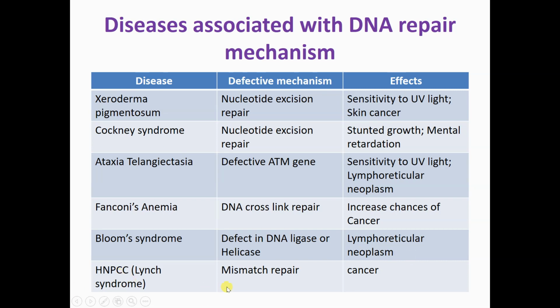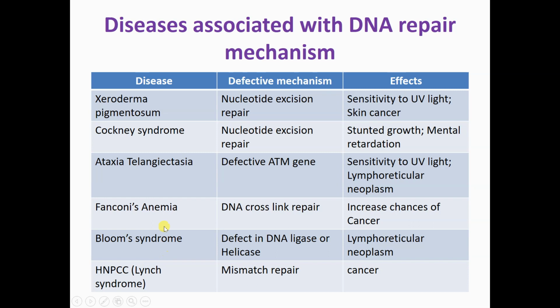And lastly, if there is a defect in mismatch repair, it can lead to hereditary non-polyposis colonic cancer. It is a non-neoplastic condition, but if it cannot be repaired, it may lead to cancer. So you should know examples of xeroderma pigmentosum, Cockayne syndrome, ataxia telangiectasia, Fanconi's anemia, Bloom syndrome, and hereditary non-polyposis colonic cancer.